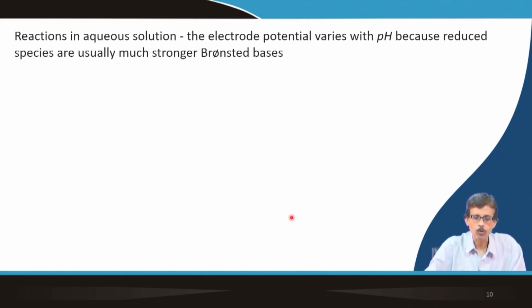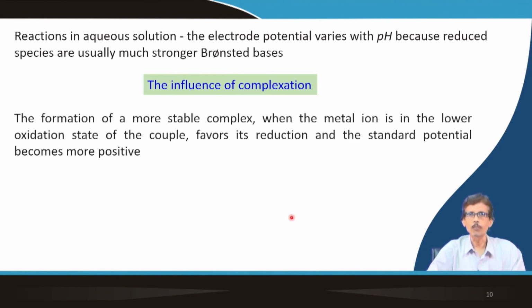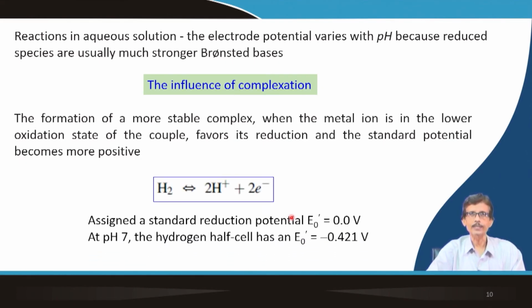The reactions in aqueous solution we always consider, and somewhere we will see the influence of the complexation reactions. Whether these complexation reactions can be beneficial or not, we will also see in reference to your reaction of hydrogen for electron transfer.